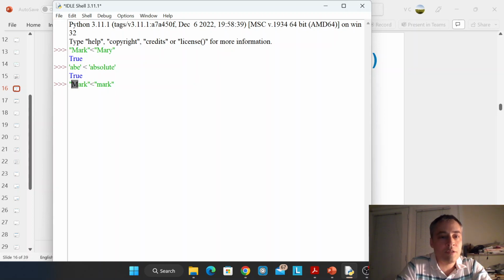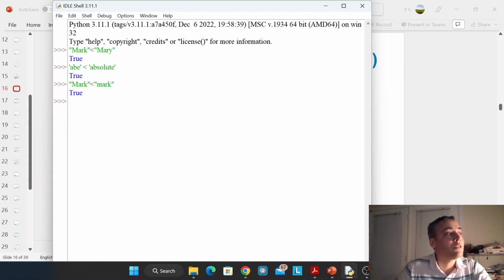And we know that the numbers for capitalized letters are smaller than the numbers for small letters. So this should return true. Now, again, you don't need to know the ASCII codes at all. Just remember alphabetical order plus the fact that all capitalized go first and then small ones go second.